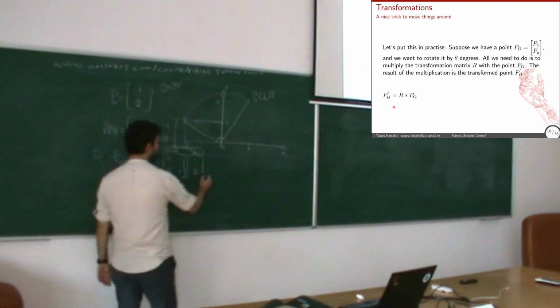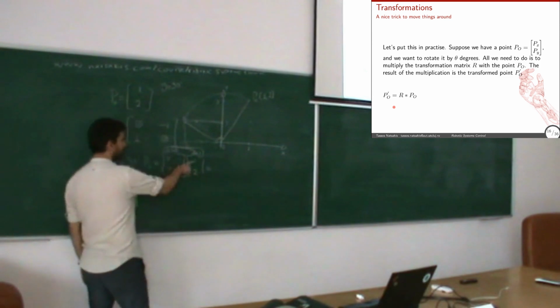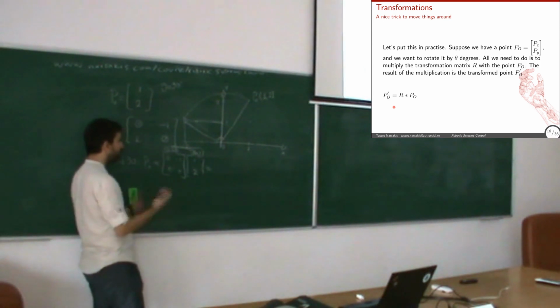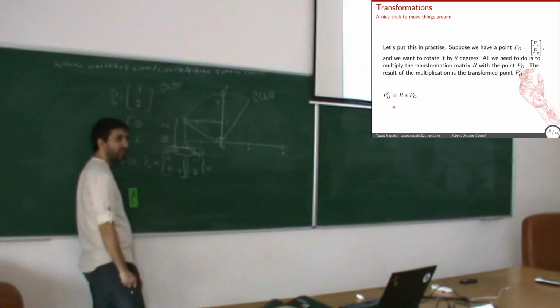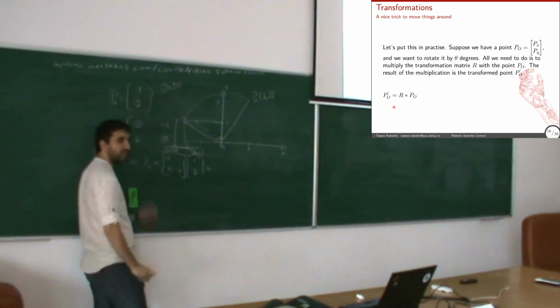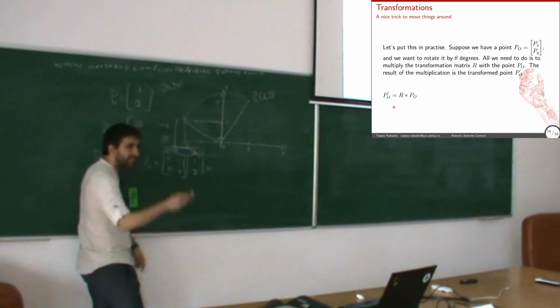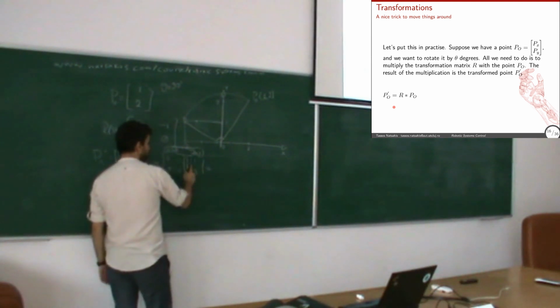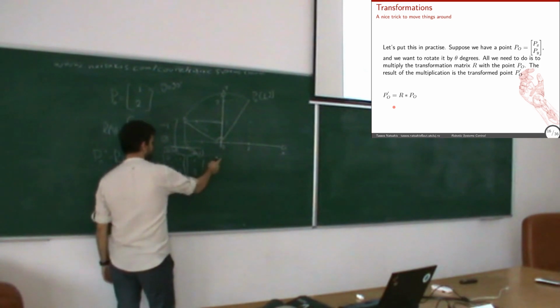Now, which 2 by 1 will it be? How do I calculate it? Don't tell me the result. So everybody remembers: 0 times 1 plus minus 1 times... So the first row with the first column is the first element here.